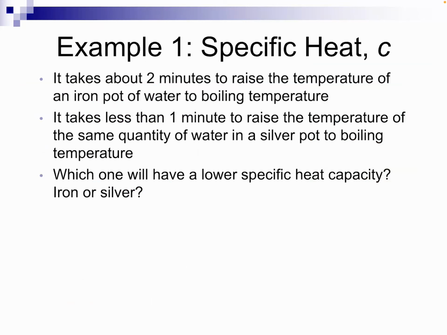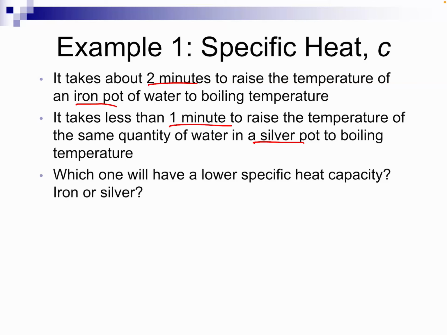It takes about 2 minutes to raise the temperature of an iron pot to boiling temperature, but it takes less than 1 minute to raise the temperature of the same amount of water to the same temperature in a silver pot. So which one will have a lower specific heat, iron or silver? Right, the lower the specific heat, the faster it is to change its temperature.